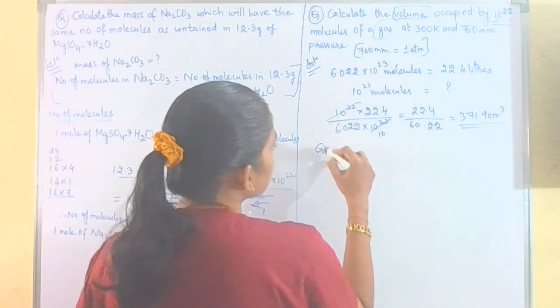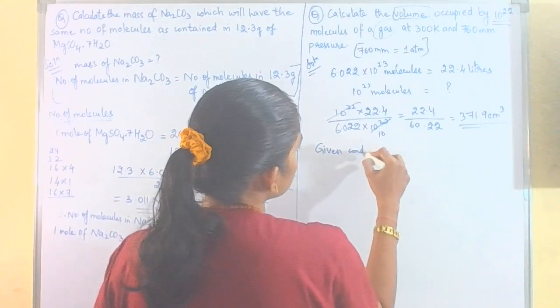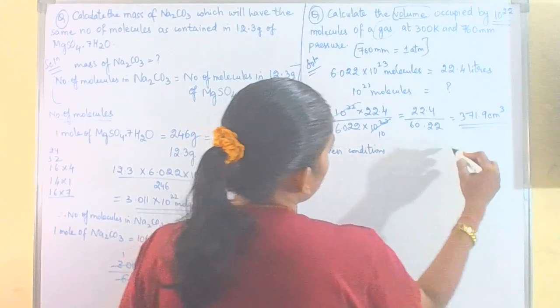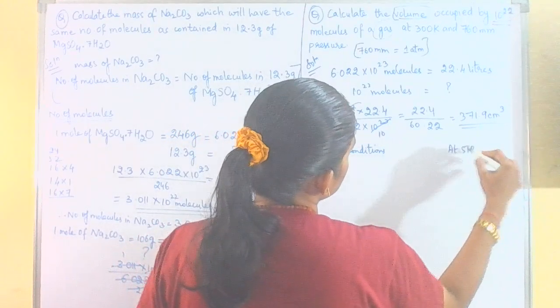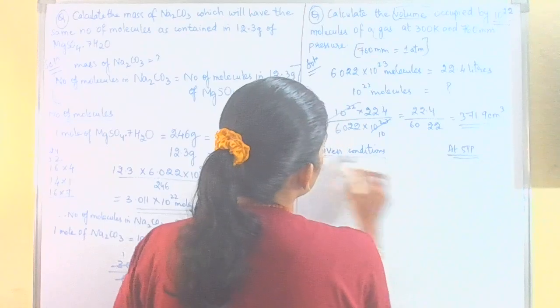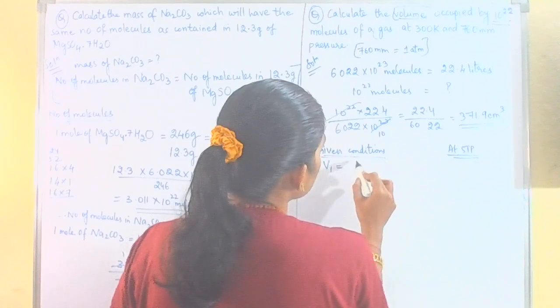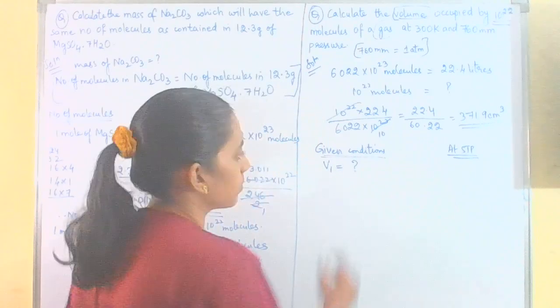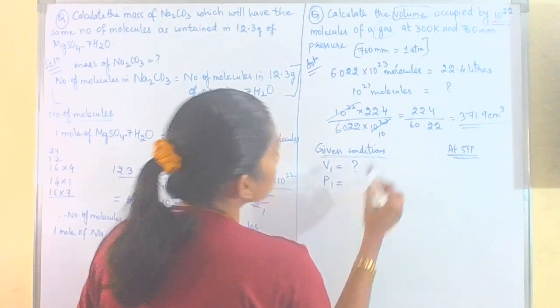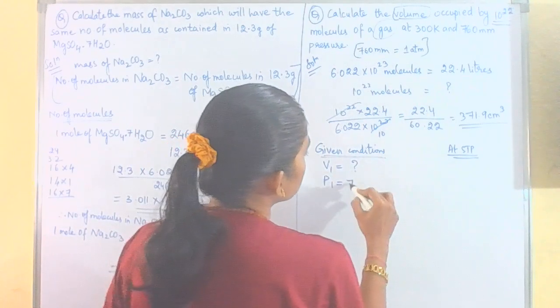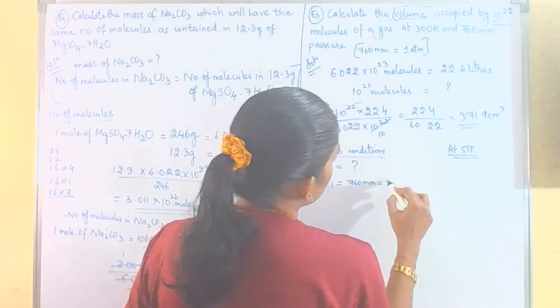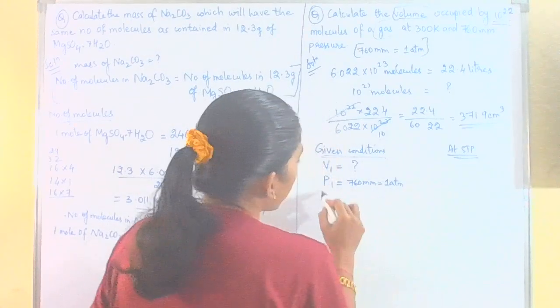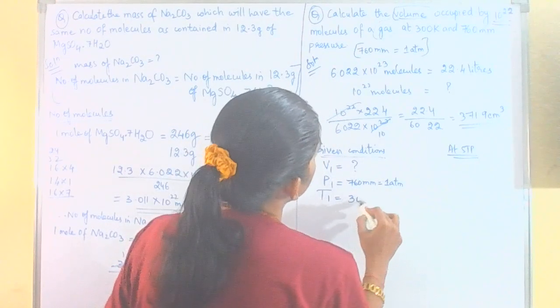Now, the given conditions and the STP conditions, you have to note down. V1 is how much? This you have to find it out. Then P1 pressure given is 760 mm, which is also equal to 1 atmospheric pressure, and T1 is 300 Kelvin.